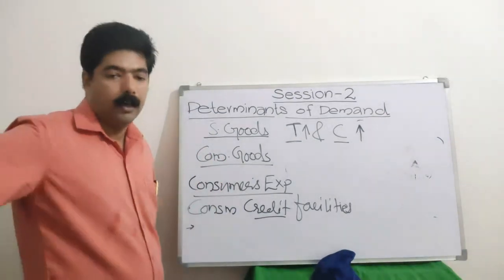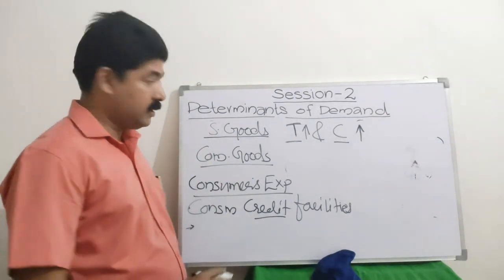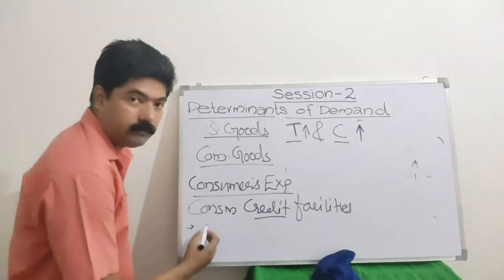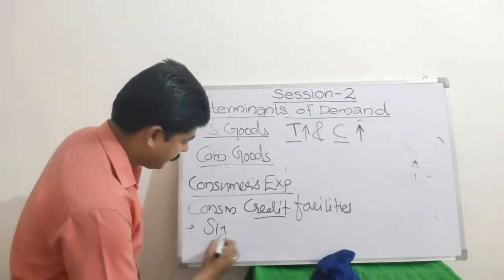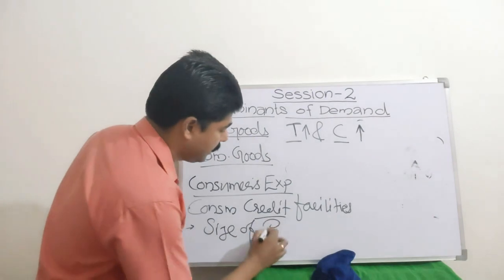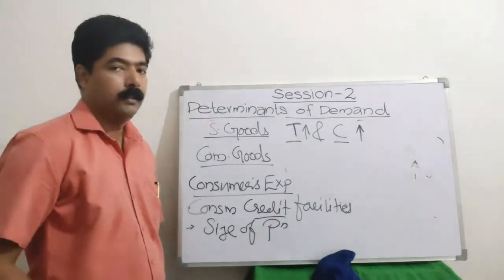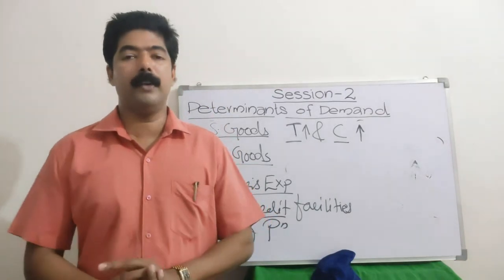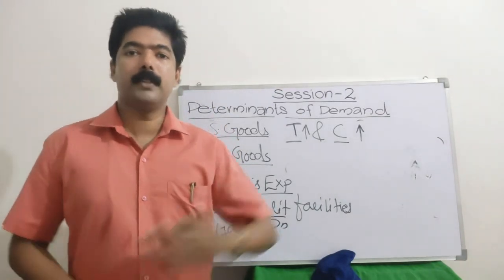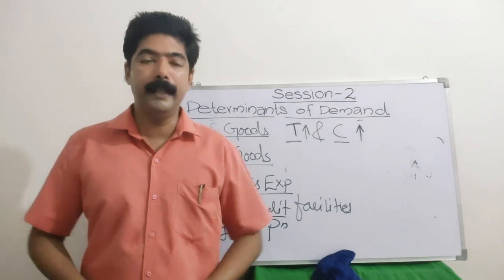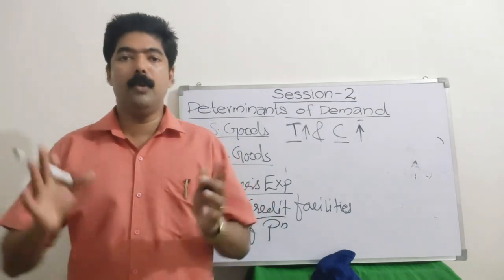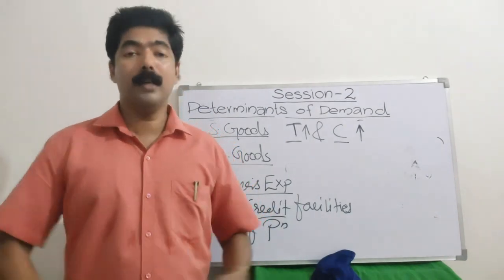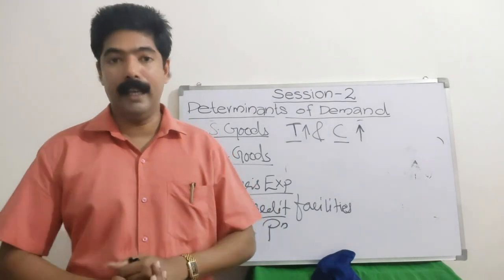That is size and composition of population. Okay, we can write size of population. How does size of population affect the demand of a commodity? At present, we have 130 crore people in India. You see that a huge population requires more commodities for their daily life.